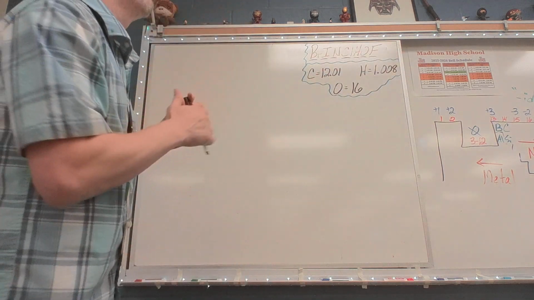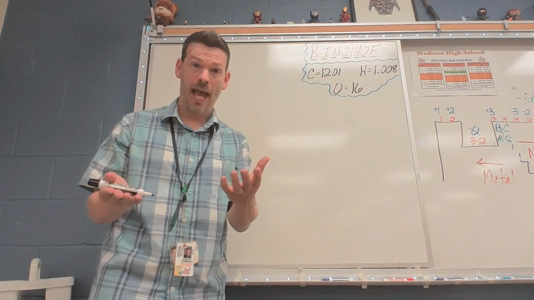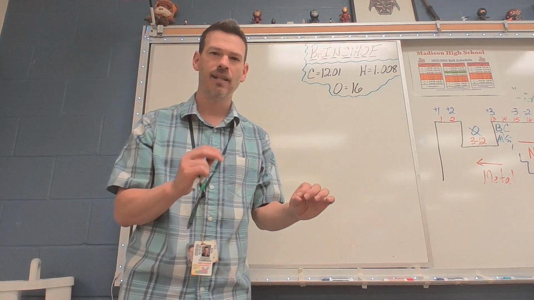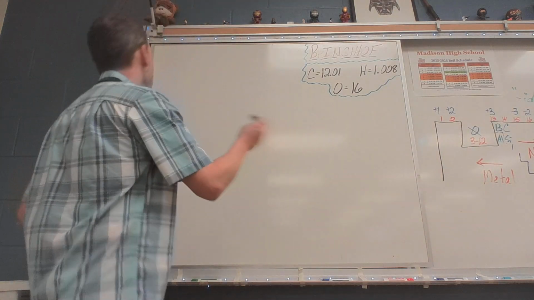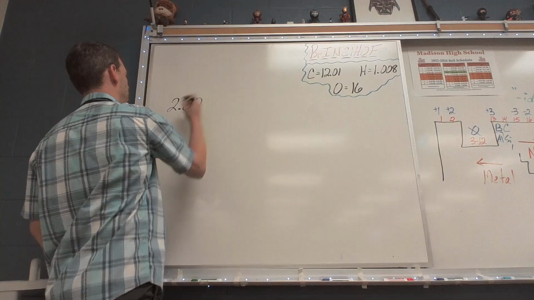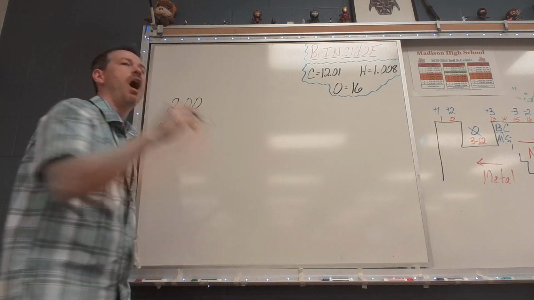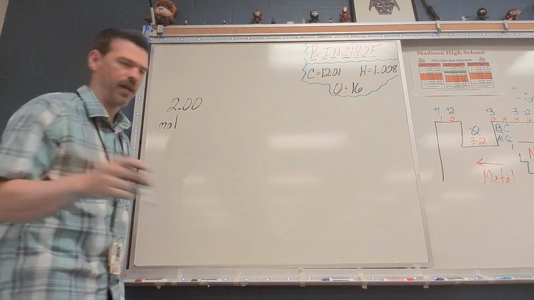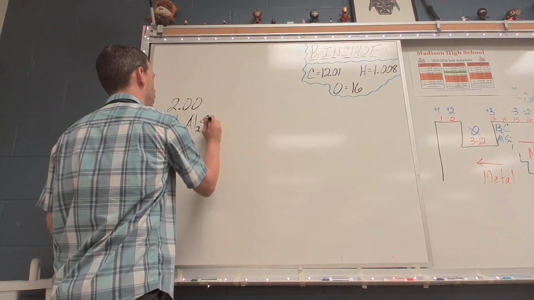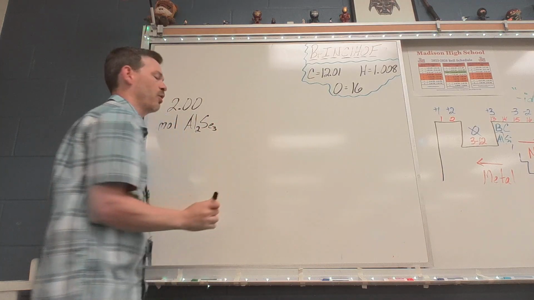Look at this next problem. How many atoms are there in 2 moles of aluminum selenide, is what your slides say. It's going to start the same. So let's start with 2 moles of aluminum selenide. Careful there. Aluminum selenide is Al2Se3.